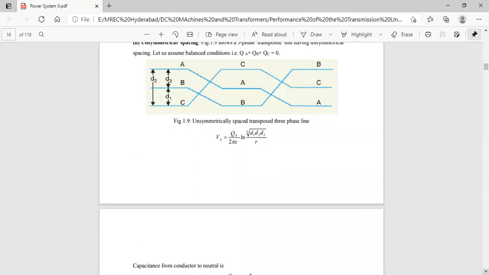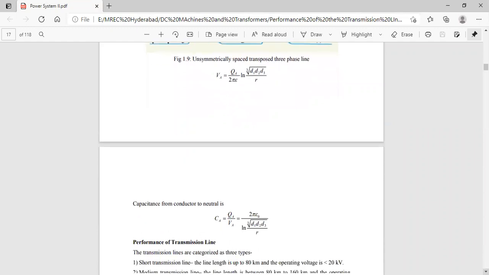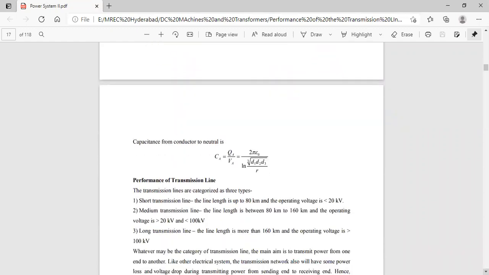Now for unsymmetrical spacing with a transposed line, VA is equal to QA divided by 2 pi epsilon naught into ln of (d1 d2 d3) power 1 by 3 divided by r. The capacitance from the conductor to neutral is CA, equal to QA divided by VA, equal to 2 pi epsilon naught divided by ln of (d1 d2 d3) power 1 by 3 divided by r.